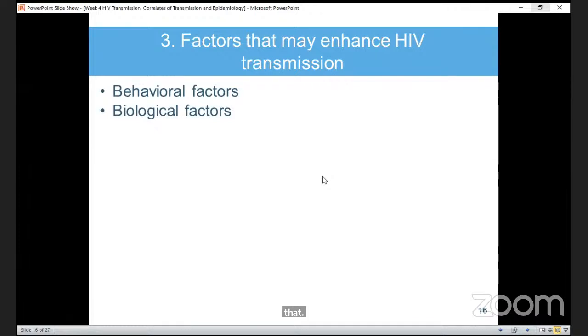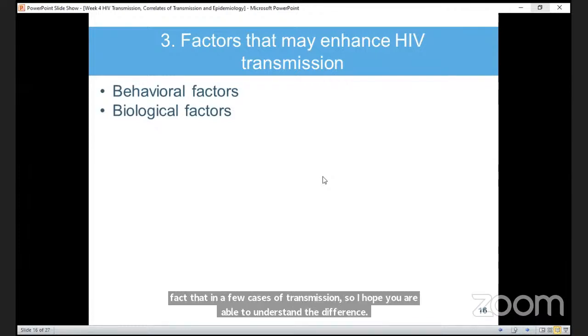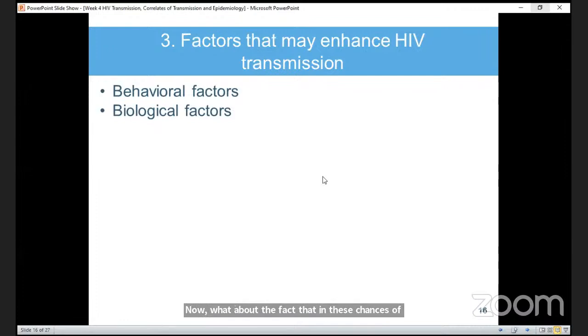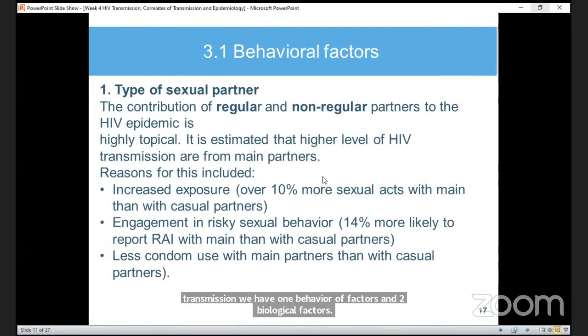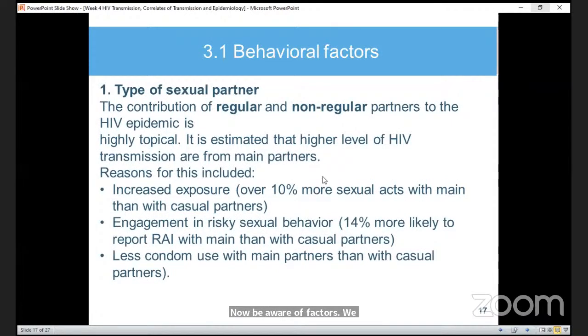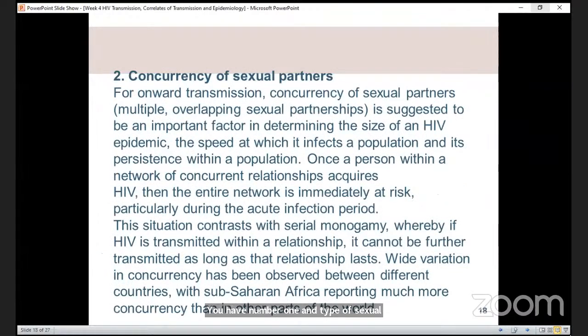Now, what about the factors that increase chances of transmission? We have one, behavioral factors, and two, biological factors. Under behavioral factors, number one is the type of sexual partner, and number two is the concurrency of sexual partners.